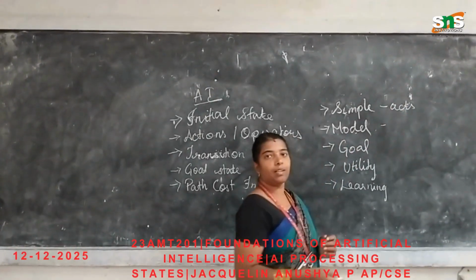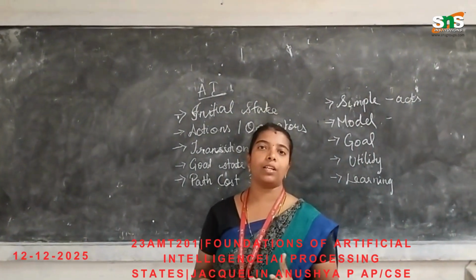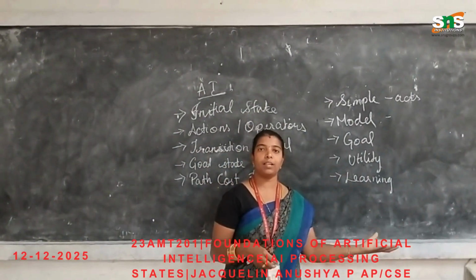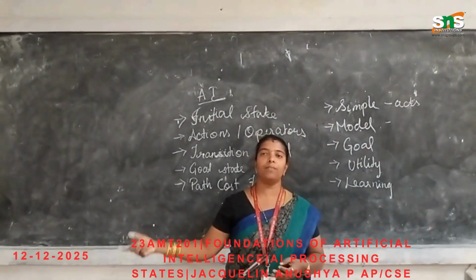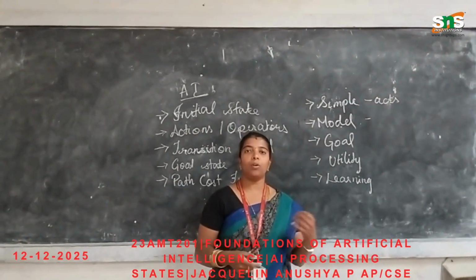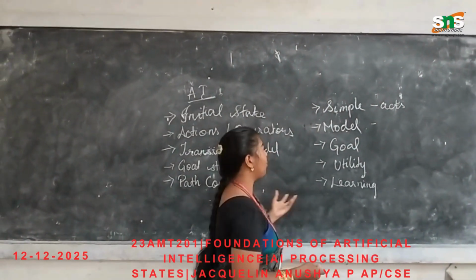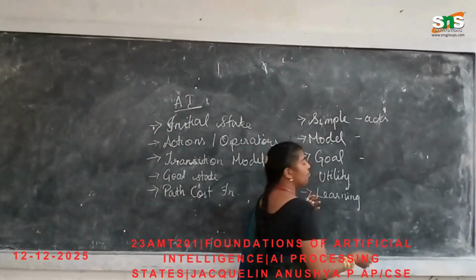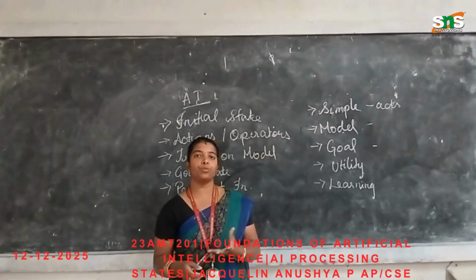A model agent, for example, can do cooking. The recipes are already given, so if we click a menu, it will add whatever ingredients are needed to cook the food. The goal agent is about the future.